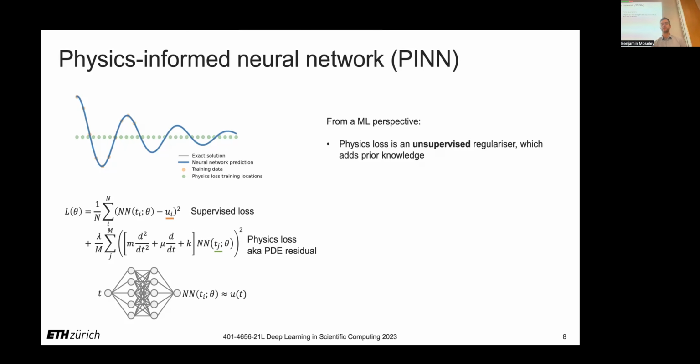From a machine learning perspective, the physics loss is just an unsupervised regularizer. So what does that mean? What is a regularizer? Can anyone remember from the second deep learning lecture? What's the purpose of regularization? Make the norm of the weights small. Yes, that's one type of regularization. But what's the general purpose of regularization?